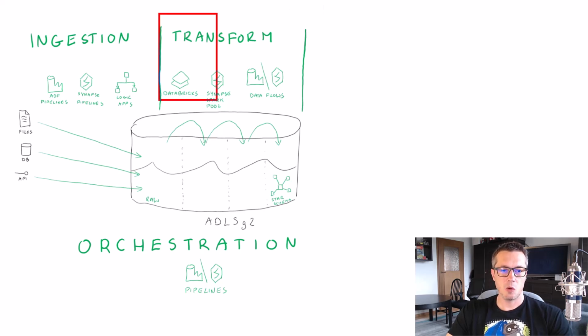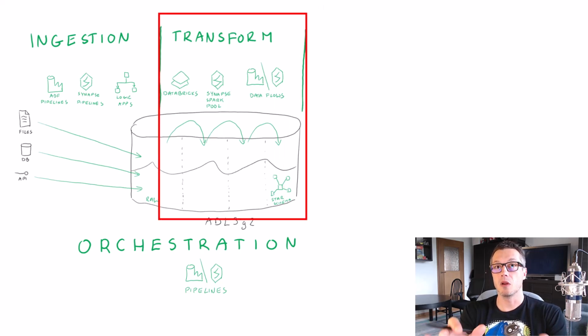And then, once we have the data loaded to our data lake, we have to transform it, clean it. We have to apply various business rules to give some meaning to the data that we just ingested. We can use various tools to do this, like Databricks, Synapse Spark pools, or data flows that are available in Data Factory and Synapse pipelines, if we don't want to write code.